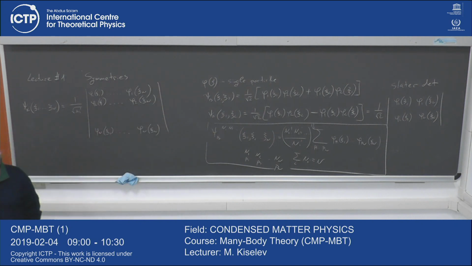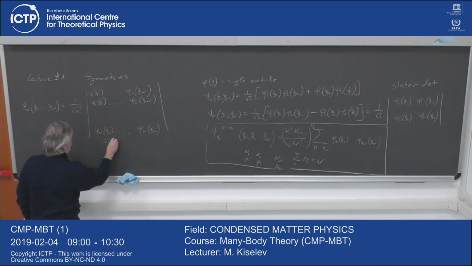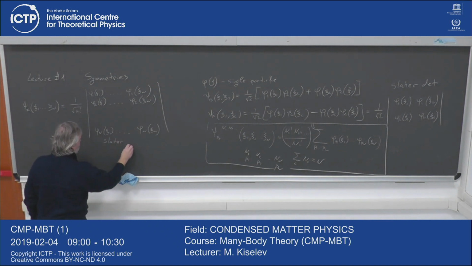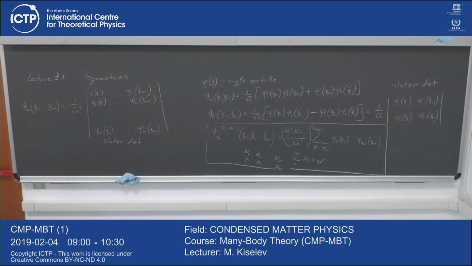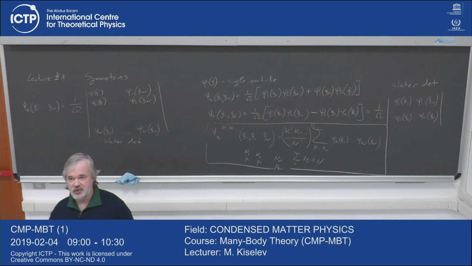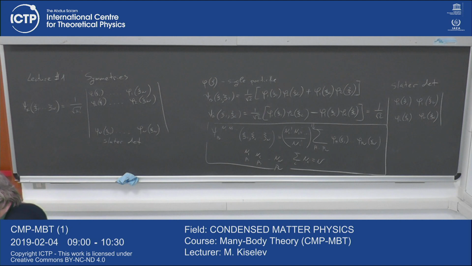So this is a Slater determinant for a system of n non-interacting fermions. And again, based on the properties of the determinant, if we interchange any two rows or any two columns, we will get a minus sign, which means that the total wave function of n non-interacting indistinguishable fermions is fully antisymmetric. Good.